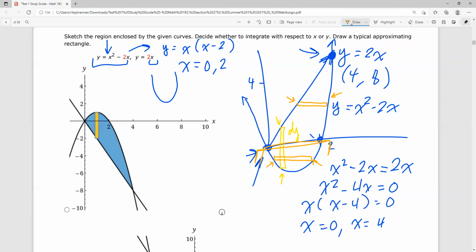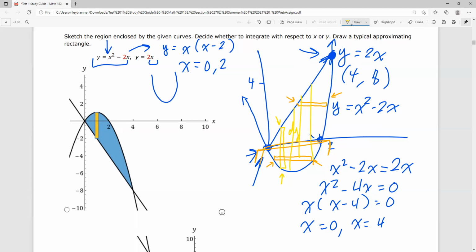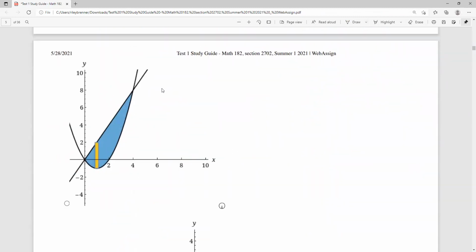So that's the reasoning why we want to do it with respect to y, because at every single area, if we just draw a bunch of yellow lines, the top and bottom functions are always two different functions, right? Compared to orange, where at some point it's the same function. So if we go ahead and match this with the answer key, it'll be this guy right here. So that'll be option C.